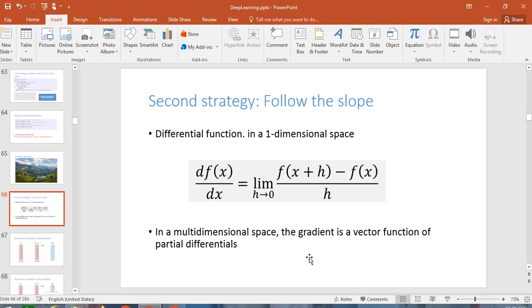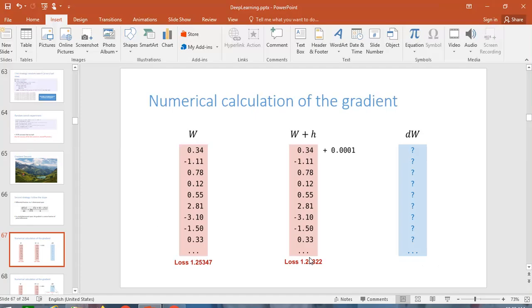The smaller this h is, the closer it goes towards the differential. We define this as the slope, and we want the biggest slope because the higher the slope, the faster we move to the minimum point. It means we are getting closer to this point with each step.